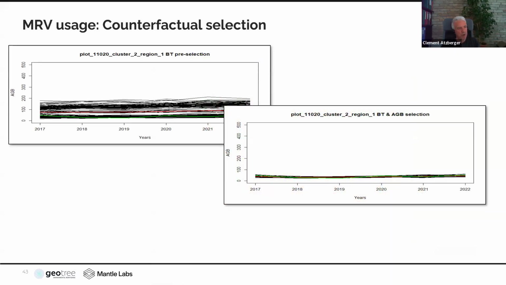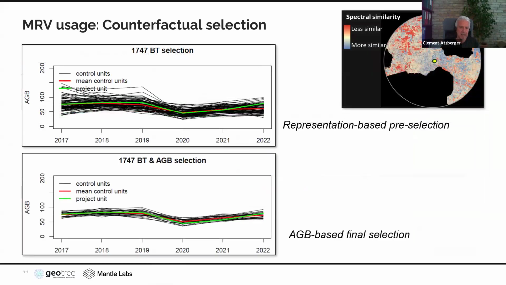Perhaps for one project, this might look like what is shown here. On the left-hand side, you see what we select based only on the Barlow Twins representations, and on the right-hand side, the final selection, taking into account the AGB as well, and here the same for a different project plot.